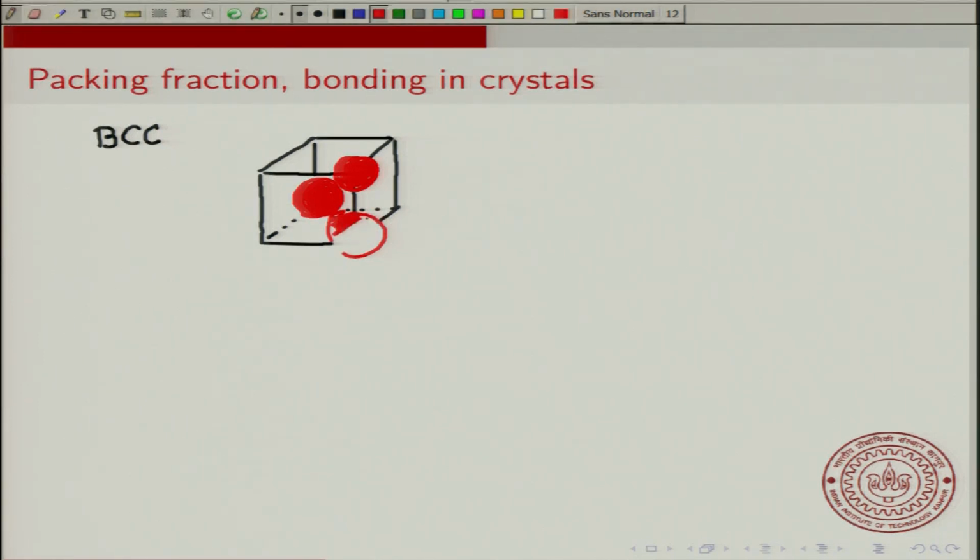Okay, so there is another sphere at this corner. These are all supposed to be the same size, and they are supposed to be spheres.